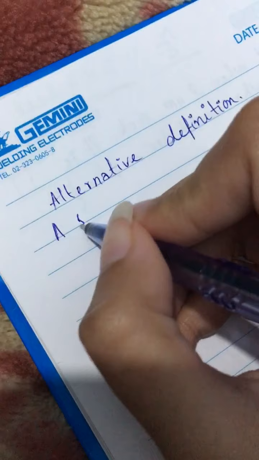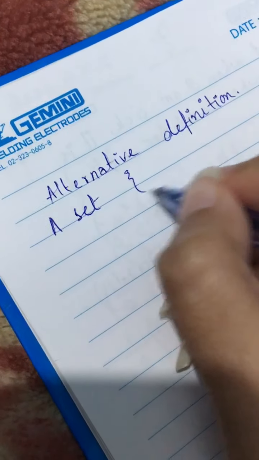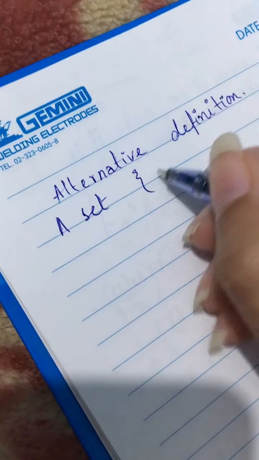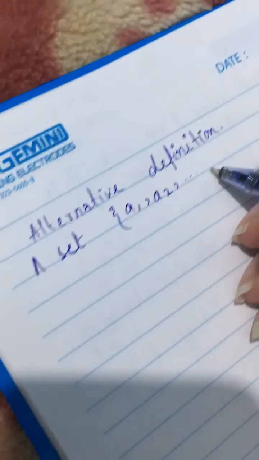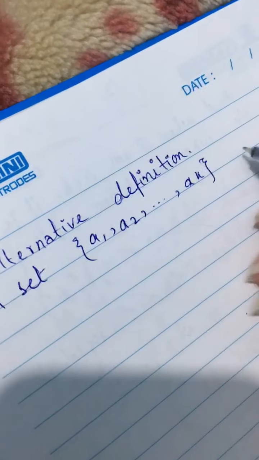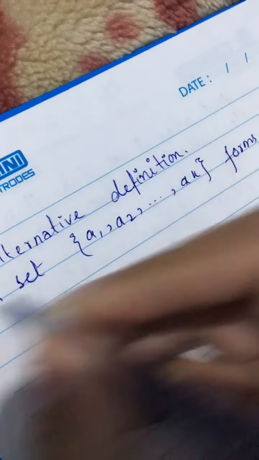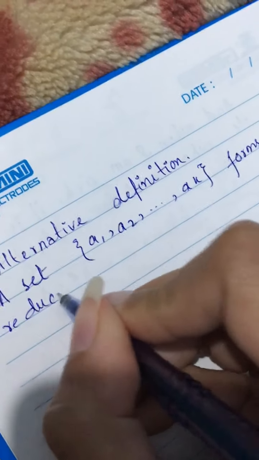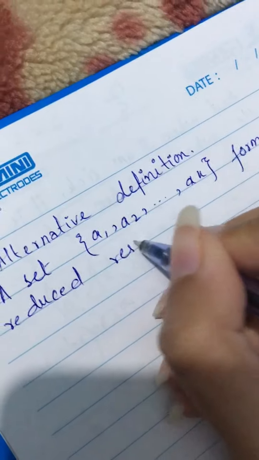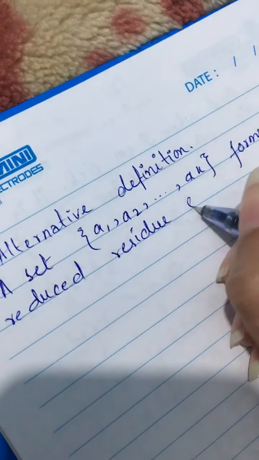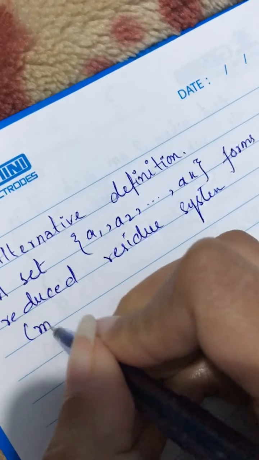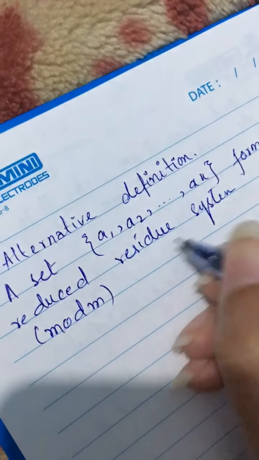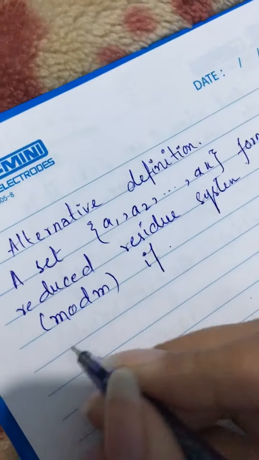A set, I can say, A1, A2 up to AK forms a reduced residue system in modulo M if I have these three conditions.